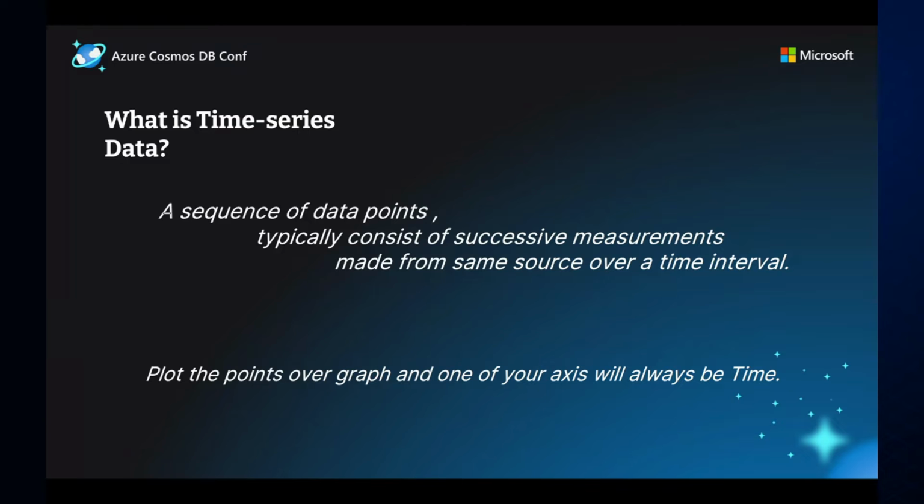You can typically call it data collected over time. One of the important things is there's no update and this data is continuously getting added at the defined sample frequency. When we plot this time series data on a graph, one of the axes will always be time, and the other axis will be the actual metric.